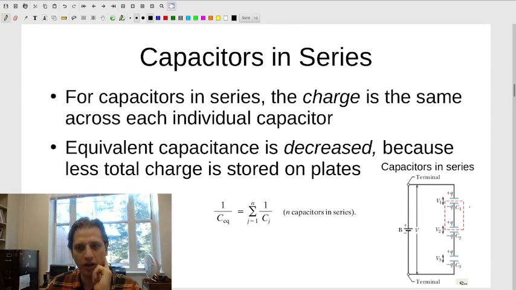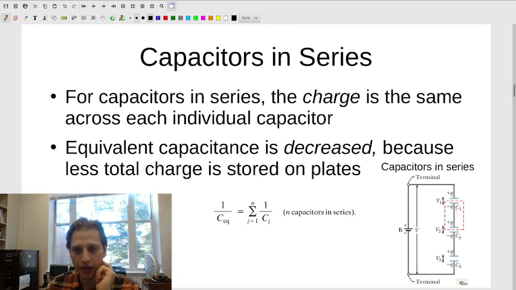But let's say we start out uncharged. In that case, the total charge in each one of these wires is 0, and when you apply the battery, all you can do is shift your minus and your plus charge onto the various plates of the capacitors.